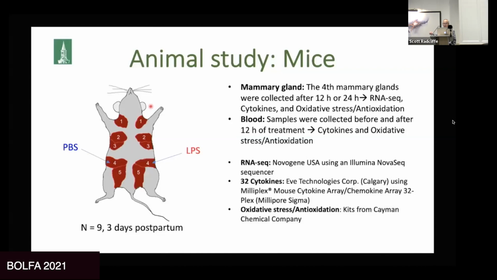We did gene expression, cytokine analysis, and oxidative stress or antioxidation study. We also took blood before and after the LPS treatment. For cytokine analysis, we used an array which contained 32 cytokines, so we did quite a bit of cytokine analysis in the same experiment.